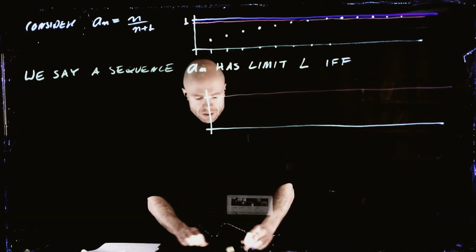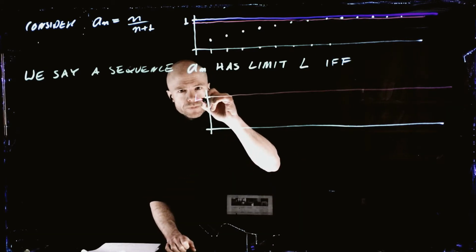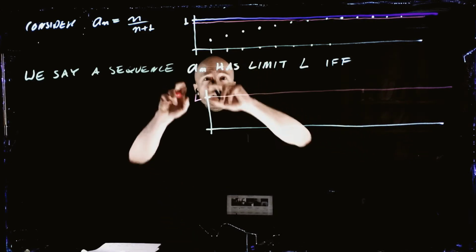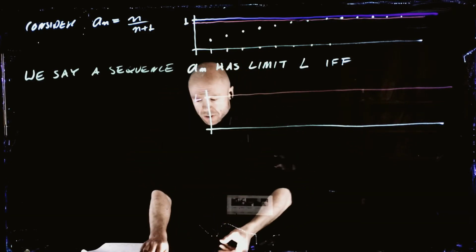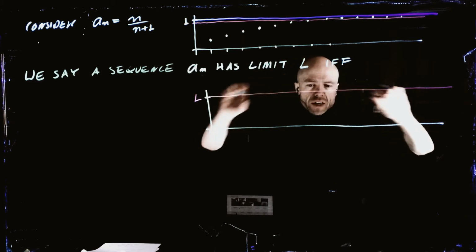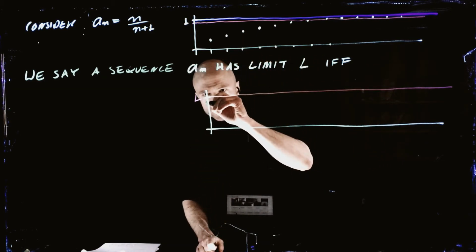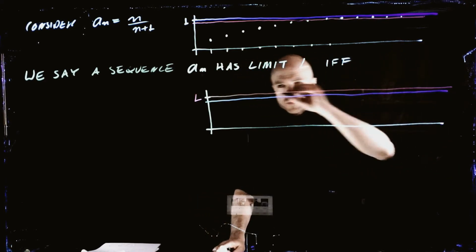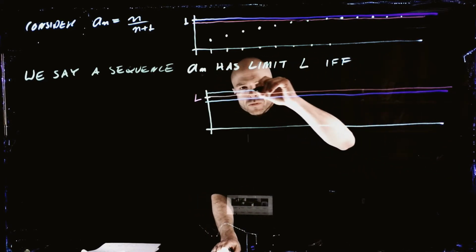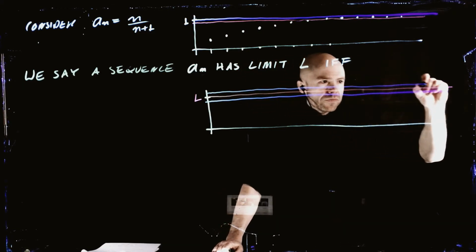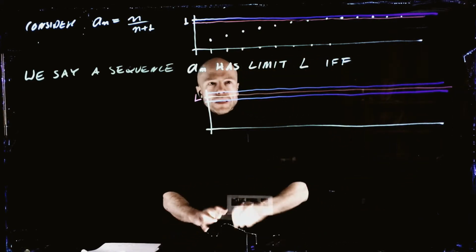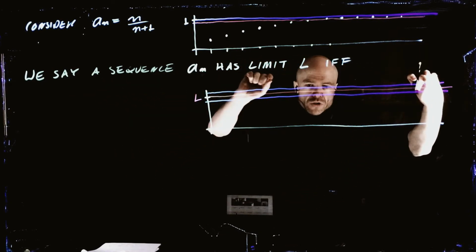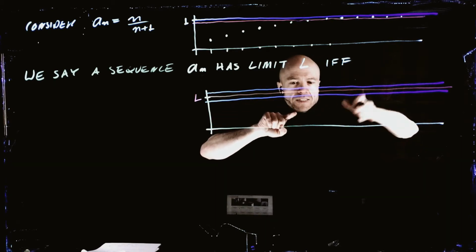So if we take our number L like this, and we draw a horizontal line that represents L, then we say that an has the limit L if no matter what thickness around this number L we take, let's draw a little thickness around it, we can ultimately guarantee that all of the points in our sequence live inside this thin strip around the number L, so long as n is large enough.